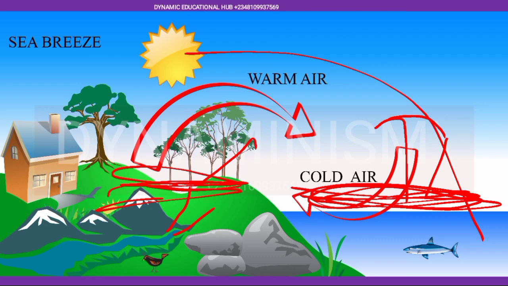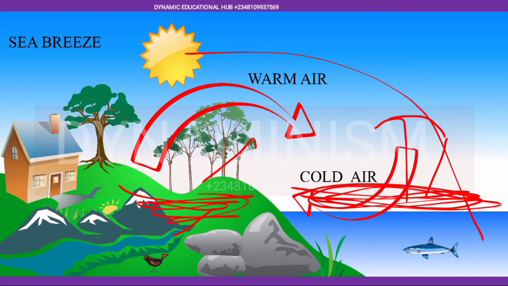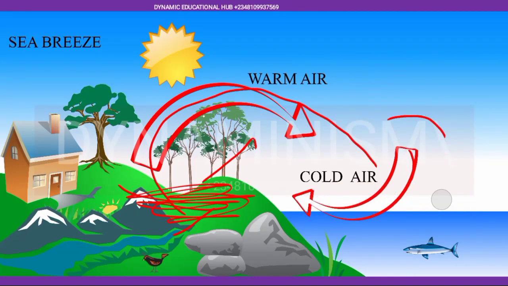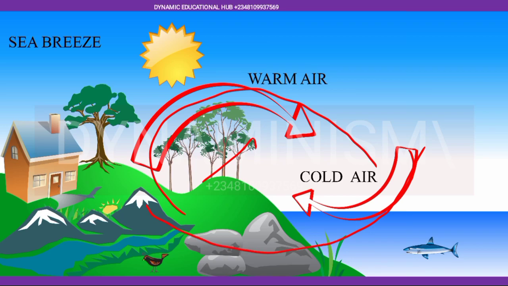So which means that the air that we have here will automatically flow to the sea to go and cool themselves, and then the air above the sea level will flow to replace the one on the ground.